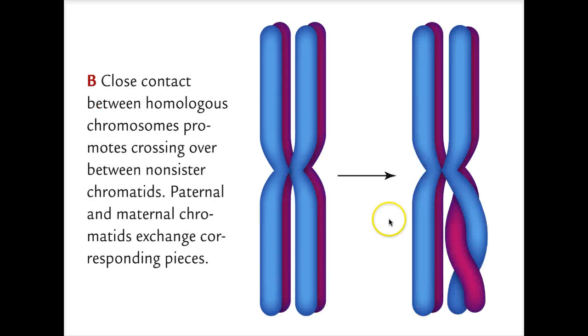If a crossing over event had occurred, so here the maternal and paternal chromosomes have synapsed, they've aligned themselves so that they can exchange genetic material. Here they're exchanging that genetic material, and they're basically going to swap portions of DNA.